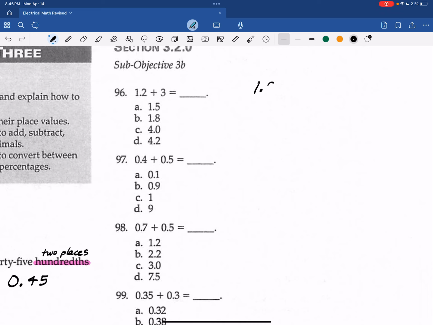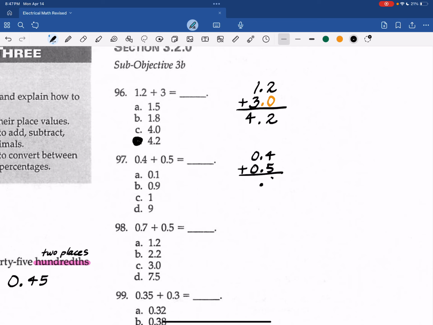1.2 plus 0.3. Put your 0 in there if you need to. It's better to put it in there than to miss the problem. We're adding, so we get 2 and 4. I'm liking 4 and 2 tenths. 0.4 plus 0.5, we're adding.